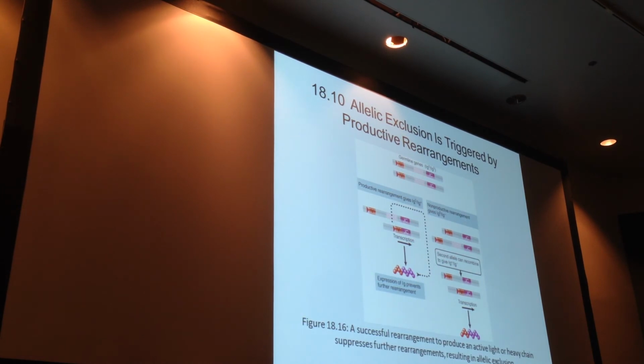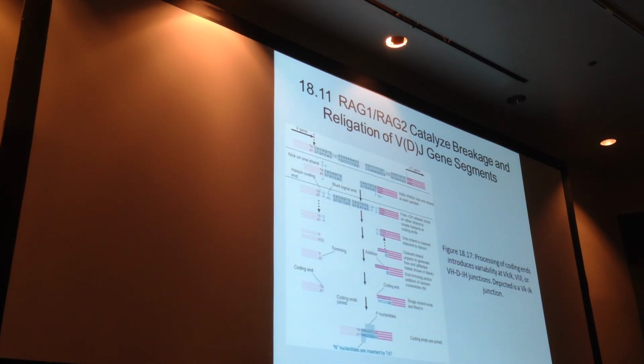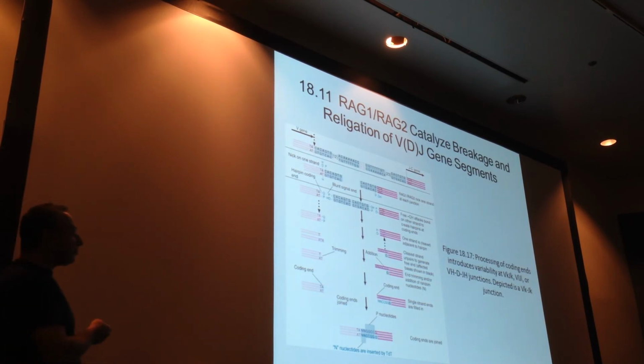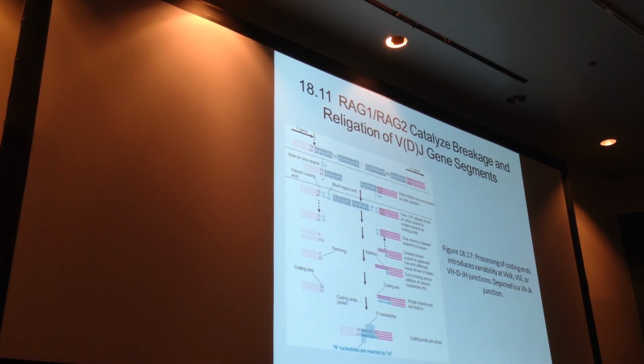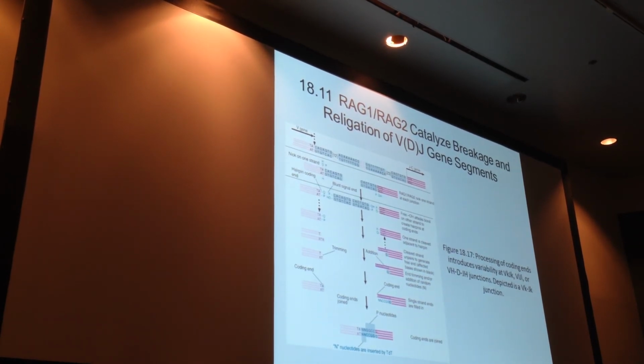And again, this is what I showed you about a non-productive rearrangement triggering another shot. Again, I showed you this end joining, which adds extra nucleotides, so you get this cut here, and then through TdT, you start adding in extra nucleotides, and you get randomness. Remember, for the protein to be in frame, you have a 1 out of 3 shot at each end joining to get you back in a proper reading frame.